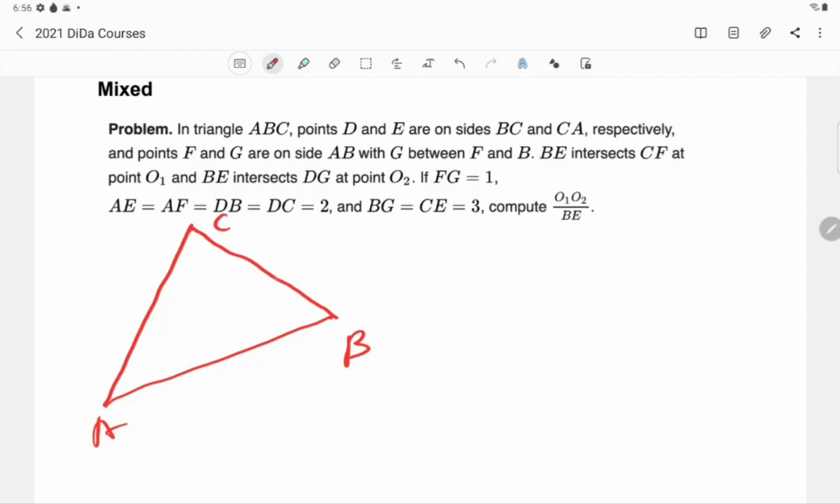So D is somewhere on BC and E is on CA, respectively. And with AE, AF is 2. Let me do this first. E is on AC, F is on AB.